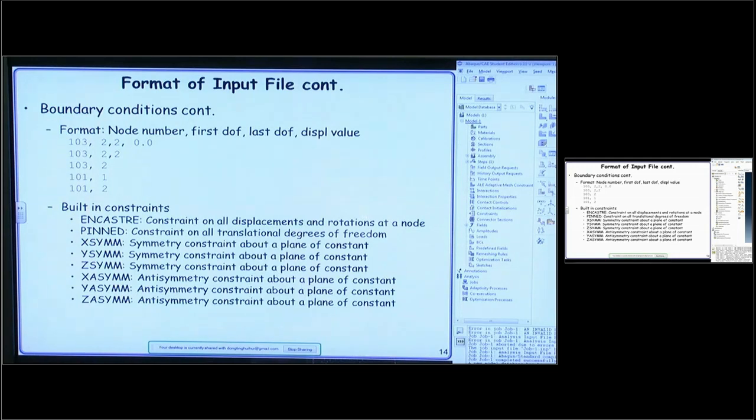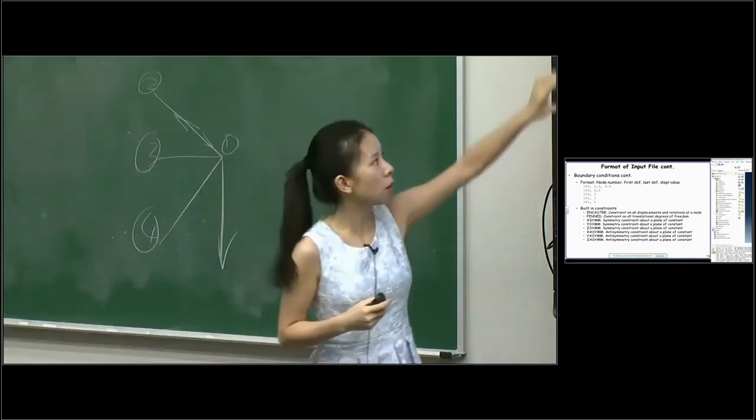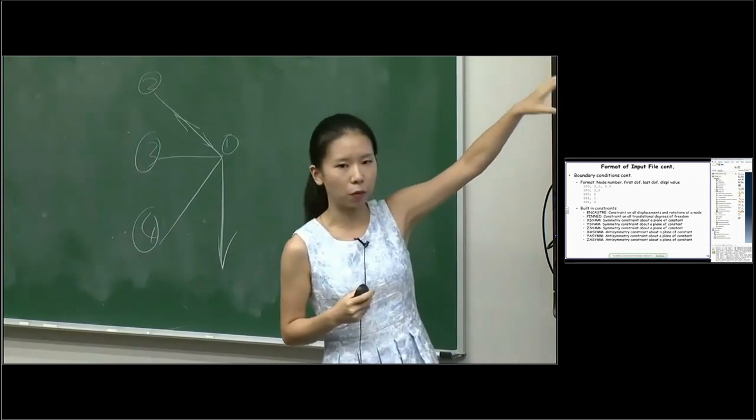So you can use whichever one you want. The second one, 2, 2, also means first degree of freedom, last degree of freedom. But if there's no displacement value here, it means by default it's 0. And this one, 103, 2, means that I only fixed degree of freedom 2. So these 3 lines are the same thing. You can use any one you want.